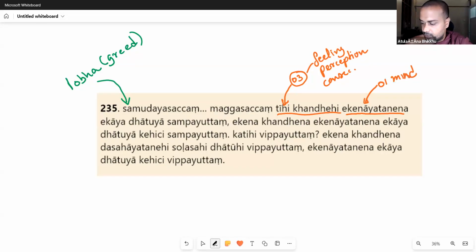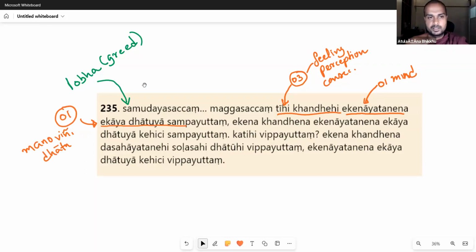And ekaya dhatuya sampayutta, it's also with one element, again the mano-viññāṇa-dhātu, because samudayasacca is not associated with other mind elements.